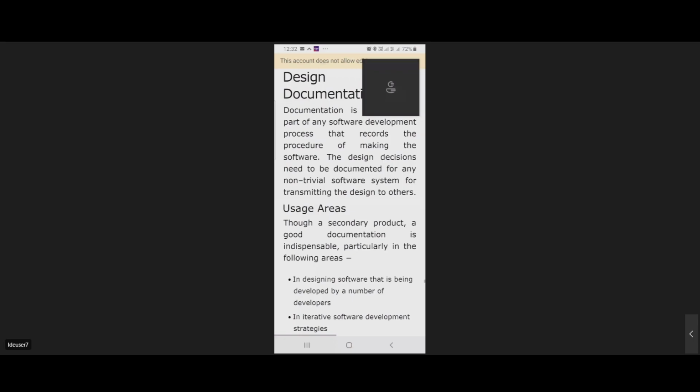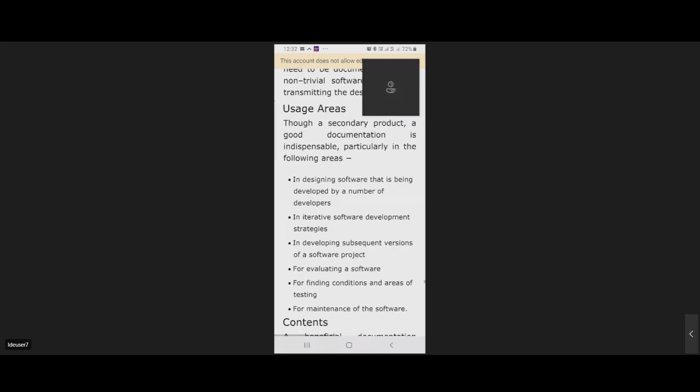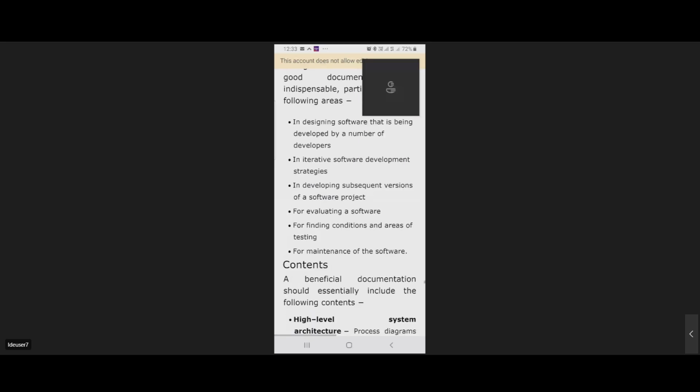As a secondary product, good documentation is indispensable, particularly in the following areas: in designing software that is being developed by a number of developers, in iterative software development strategies, in developing subsequent versions of the software project, for evaluating a software, for finding conditions and areas of testing, and for maintenance of the software.